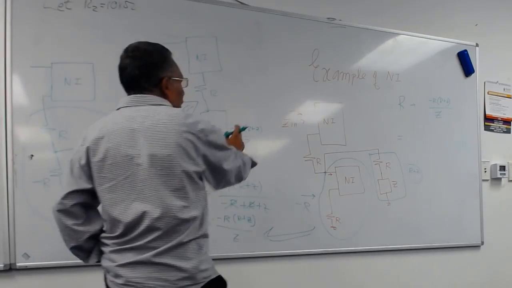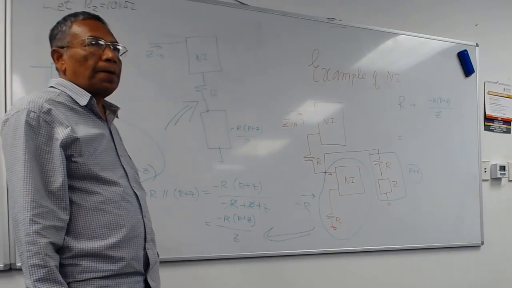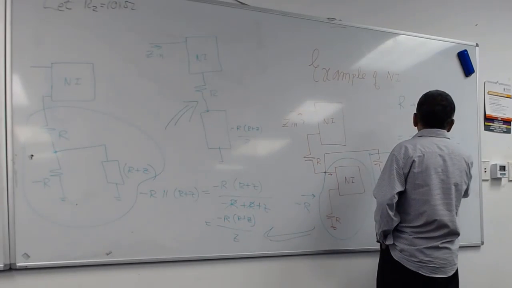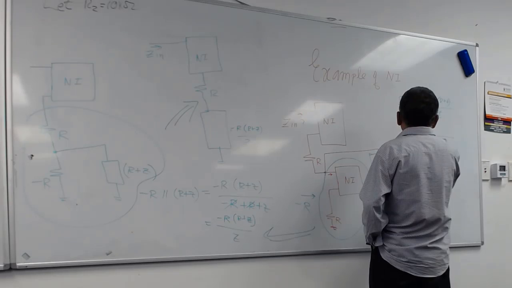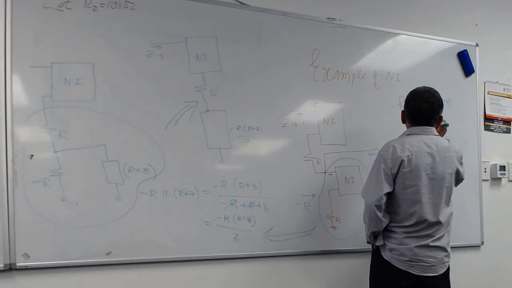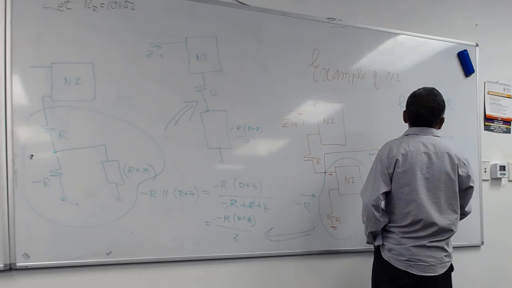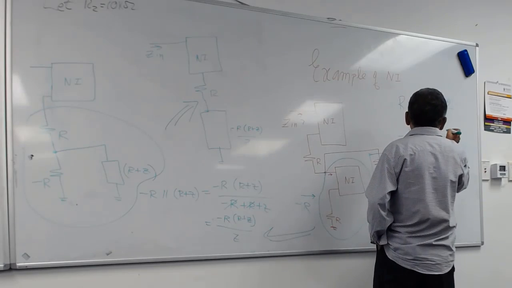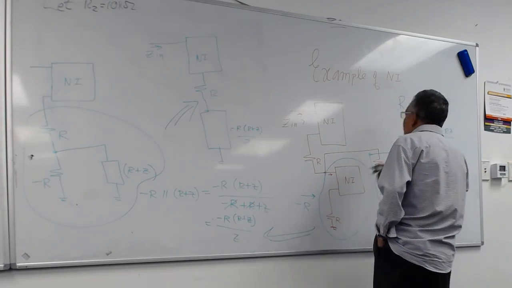R plus this one, equal to Z here, R here, and this will be minus R square, and there will be RZ here, minus RZ. Correct?